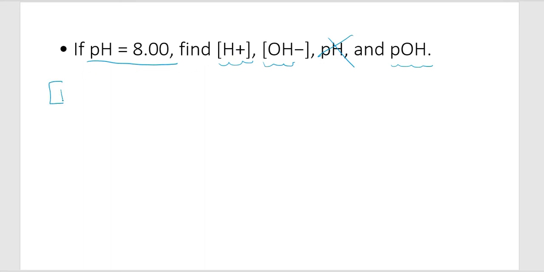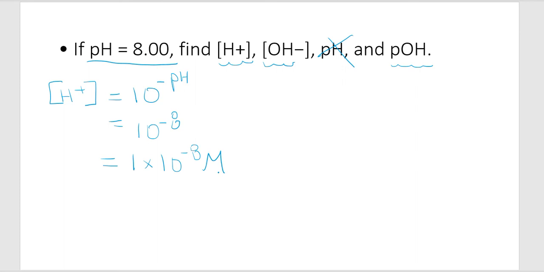If we go from pH to hydrogen concentration, it's 10 to the negative pH. So we're going to plug in 10 to the negative 8. When we plug this into our calculators, we get 1 times 10 to the negative 8. And remember, it should be molarity, because concentration, the brackets, should be a molarity. So that's our first answer.